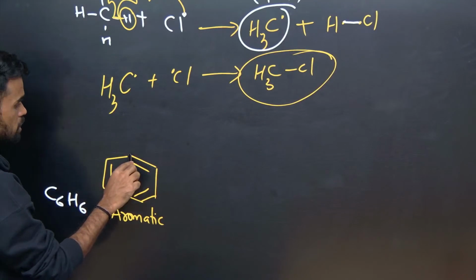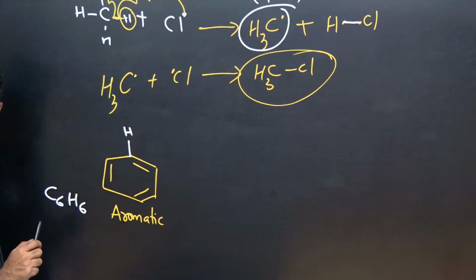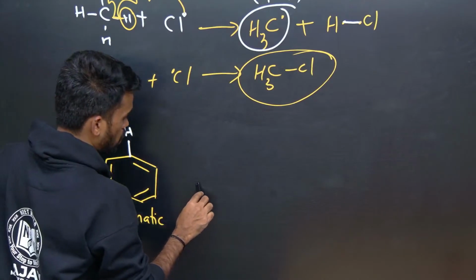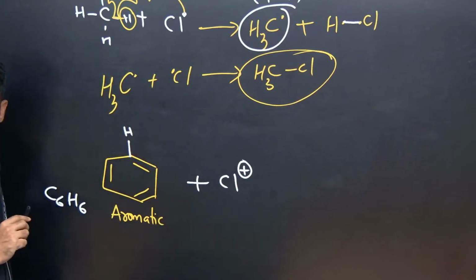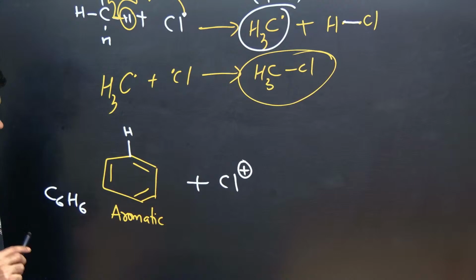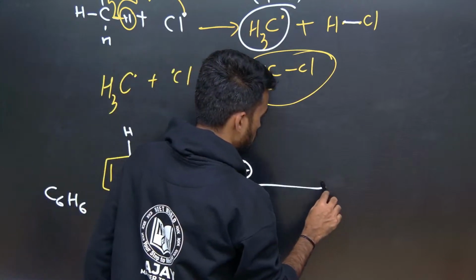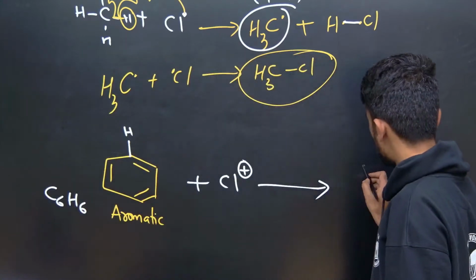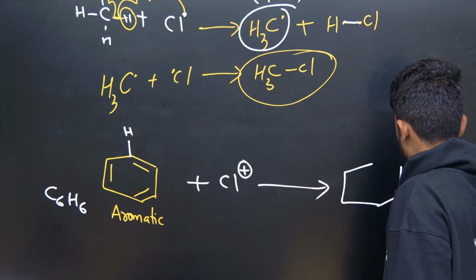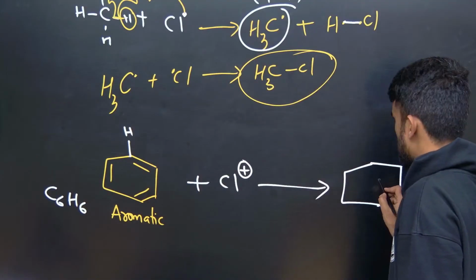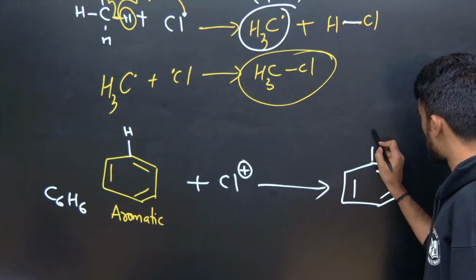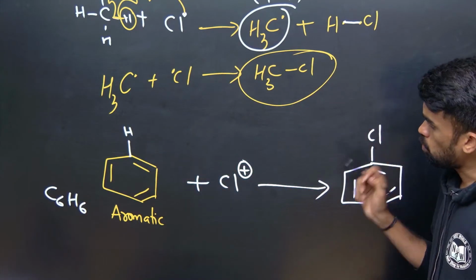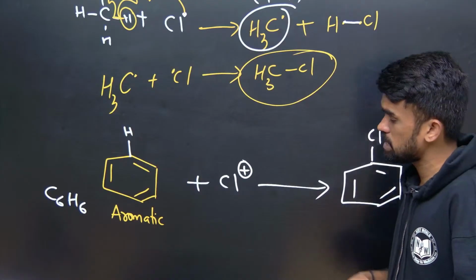C6H6. It means on each carbon there is one hydrogen. Now to this I am adding Cl plus, reacting with Cl plus. What happens in this process? This Cl plus will replace H plus, so here we have got chlorine.